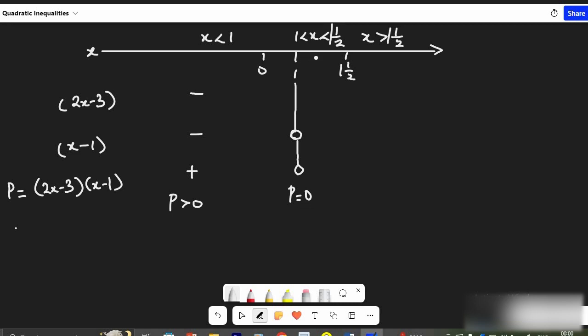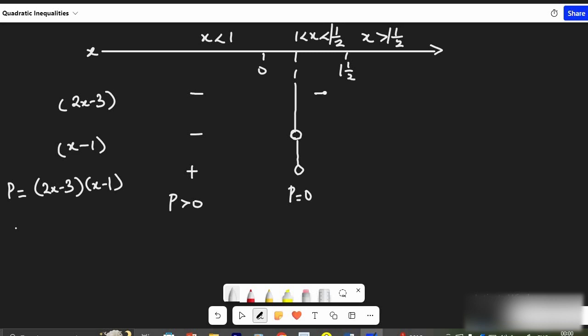And then in between 1 and 1.5, now remember, you can think of any number between 1 and 1.5. So I'm just going to say maybe 1.4. Okay. So if you put 1.4 into this factor here, you find that you have a negative number.